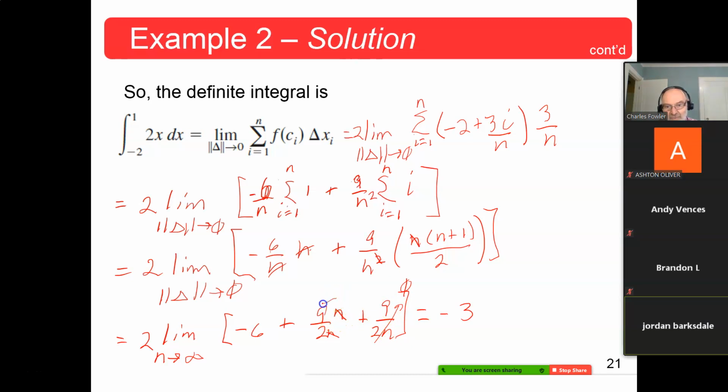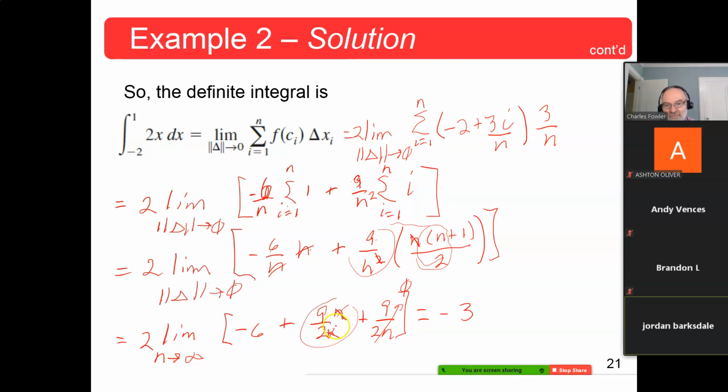So this part here came from this term times this, 9n over 2n, and the n's went out, and then the second part was 9 times 1 over 2n, and that's what you got, 9 over 2n here.